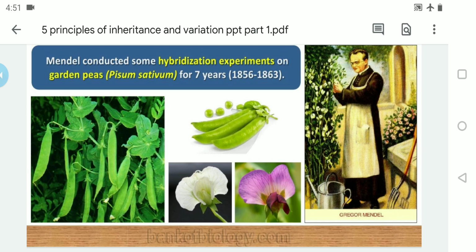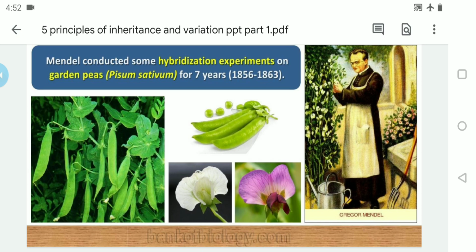Okay, and it's surprising to know that Mendel never passed the examination, but still he taught physics and natural history at the Technical High School at Brunn from 1854.